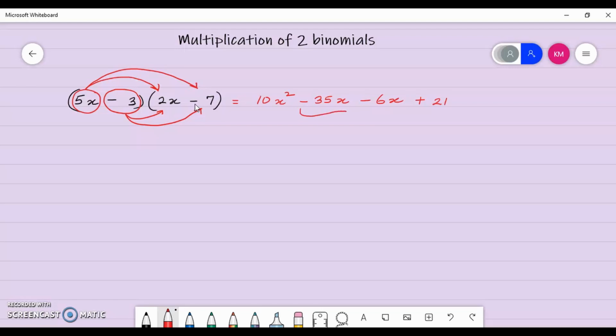Then I can simplify by looking at those like terms. So I'm going to get 10x squared, negative 35, take away 6 gives negative 41, and I put back that x there, plus 21.